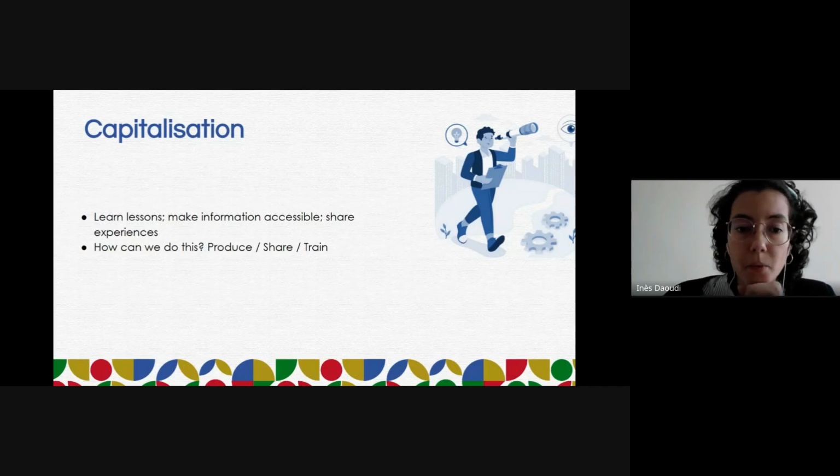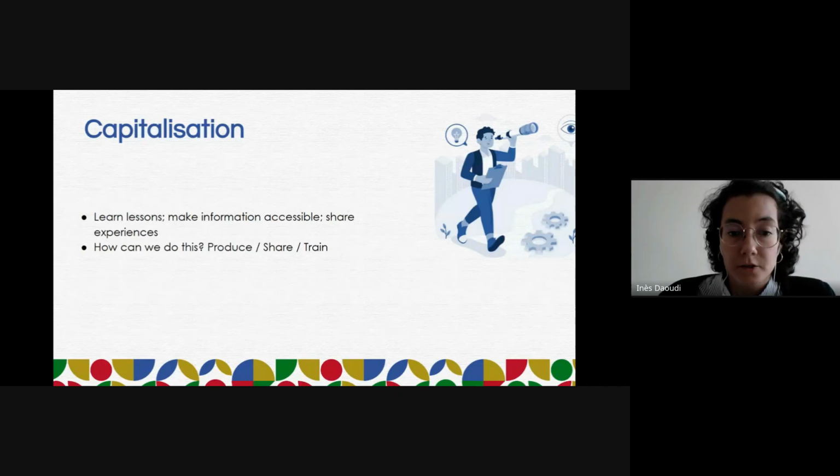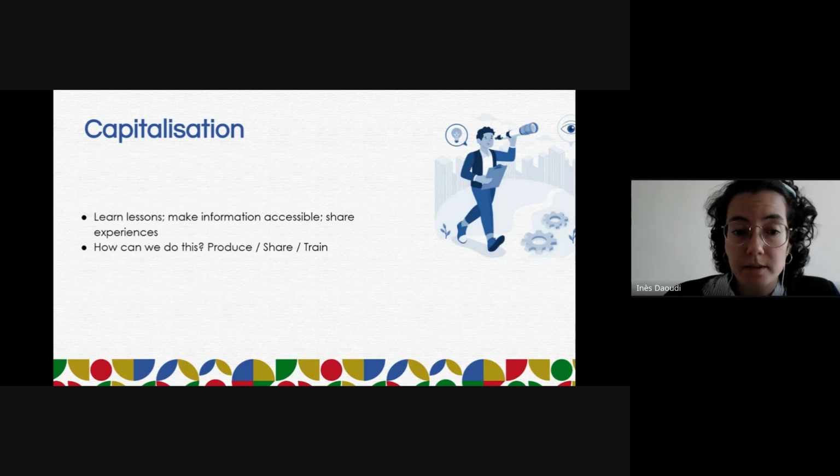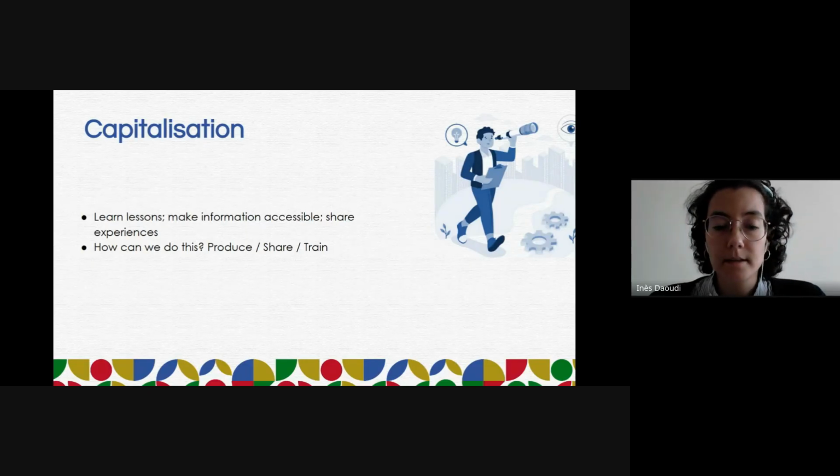So, a good example: through the project, the team collects data on factors influencing farmers' adoption of sustainable agricultural practices. All those data are analyzed to identify barriers, and the insights are documented in a practical guide disseminated to farmers, extension workers, and partner organizations.